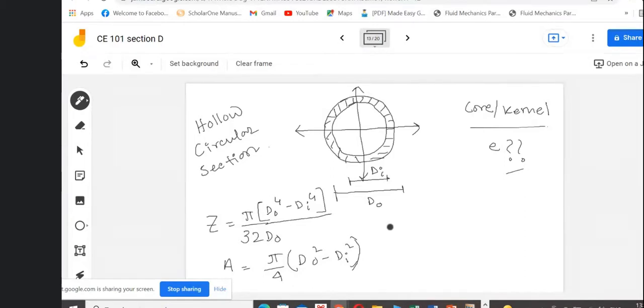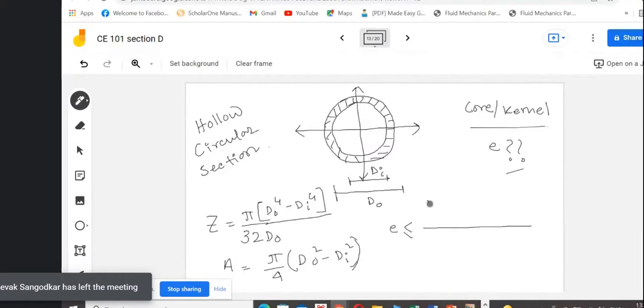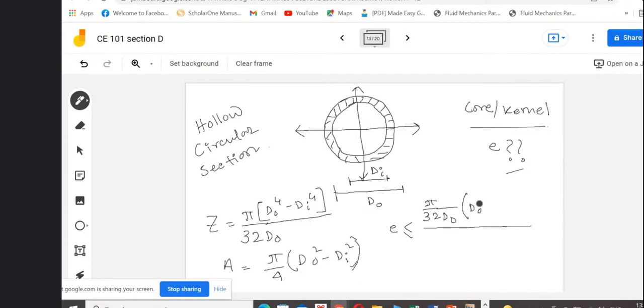So what will be this E, which should be less than or equal to Z by A?